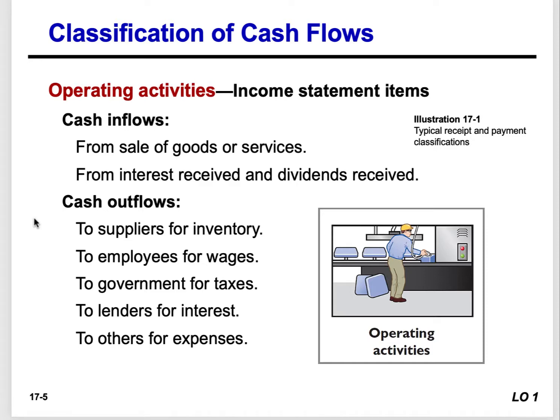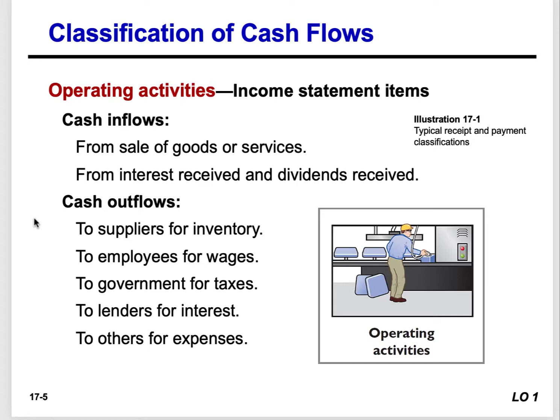So when we're looking at operating activities, anytime we use cash or we receive cash through conducting our core business, that's automatically operating activities, okay? What I mean by that is, let's say we buy supplies for inventory.